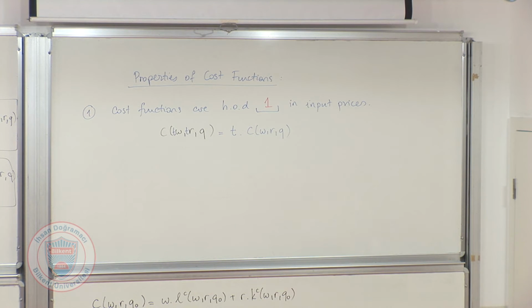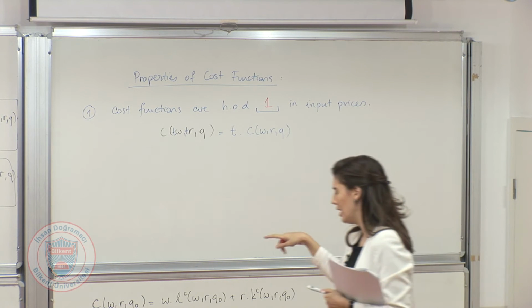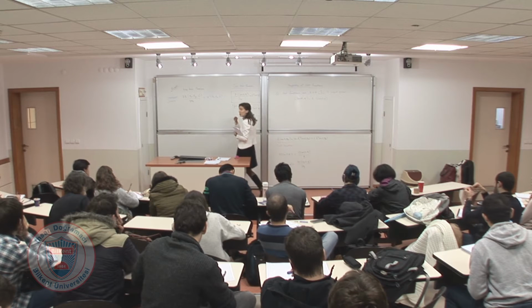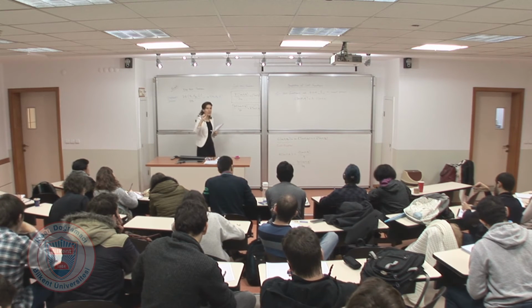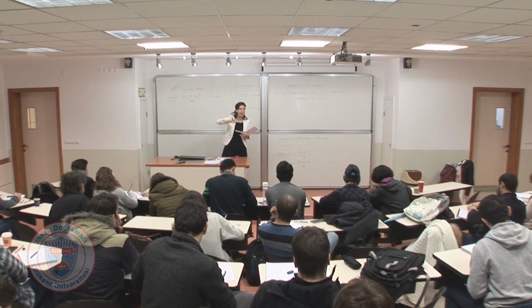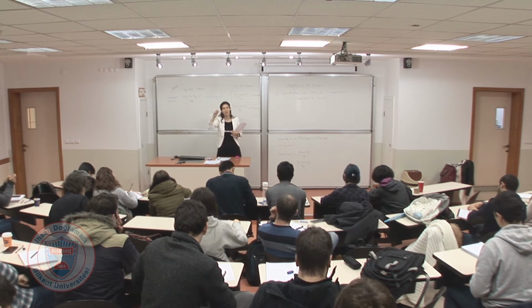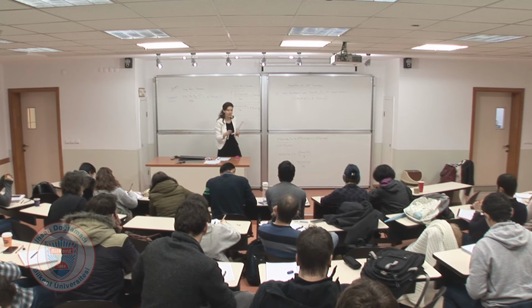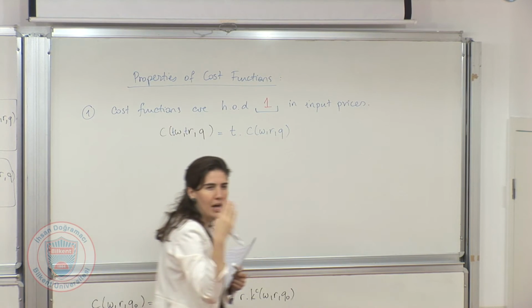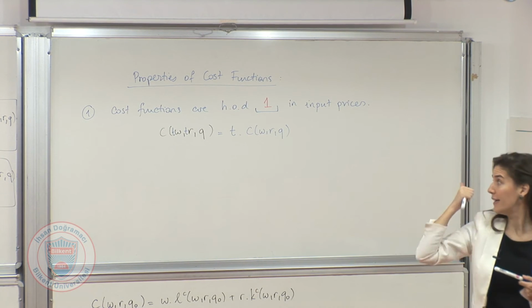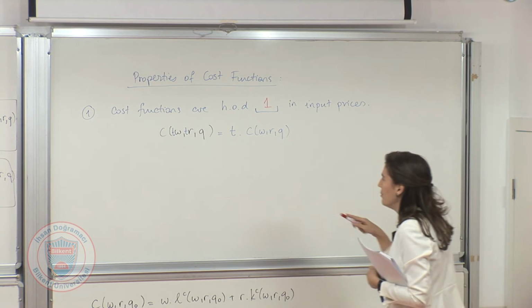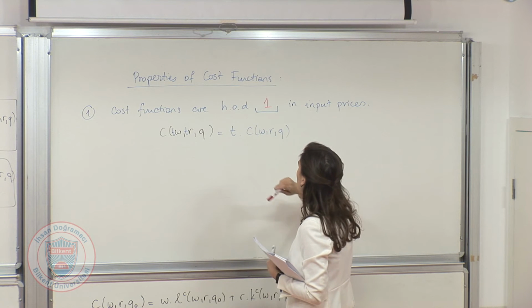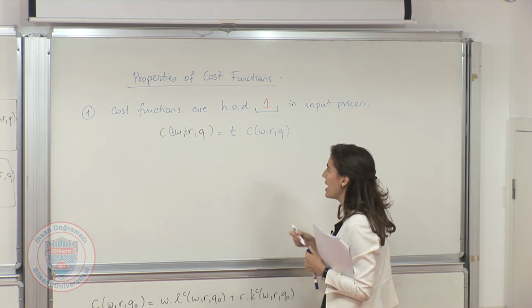Remember the analogy, the argument we made for constant returns to scale and such. We said that if this point is optimal, then t times these, K1, L1, is also optimal. Here we might need to make these kinds of arguments. What does this mean? Homogeneous of degree 1 in input prices, but why?